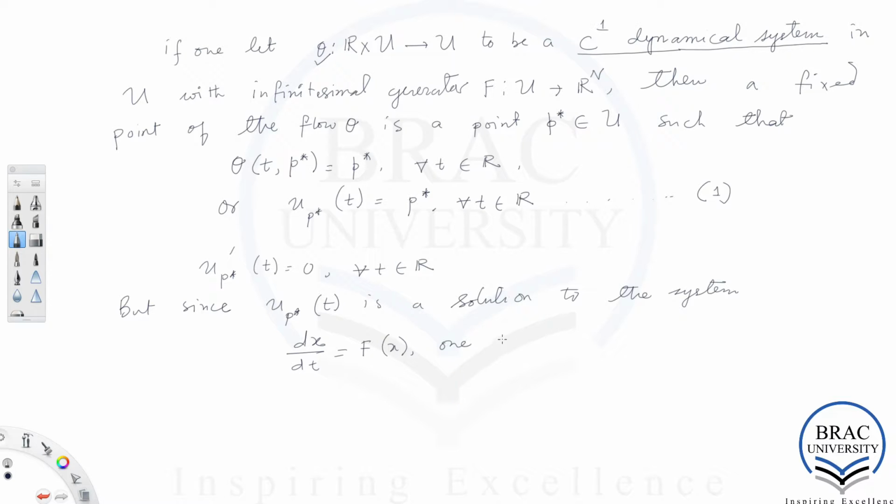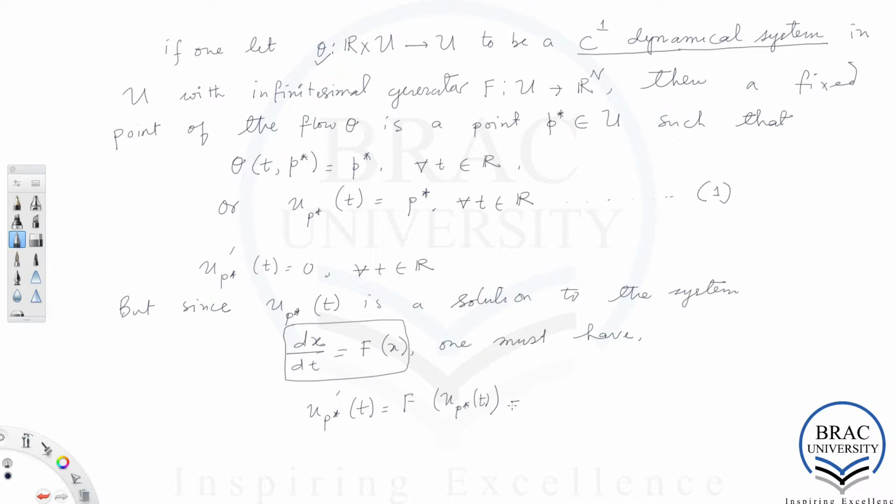One therefore must have, so in this differential equation, x is replaced with U P star T to obtain U P star prime T is equal to f of U P star of T, right?